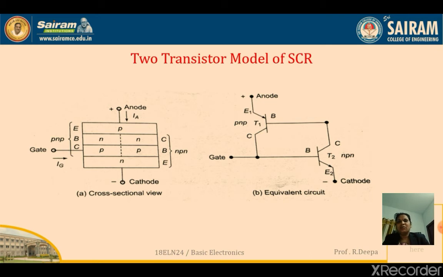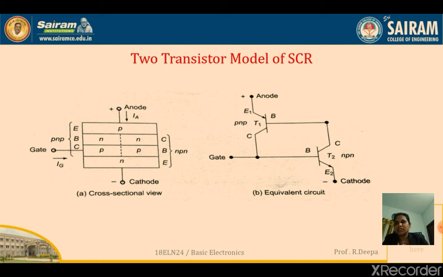Two transistor model of SCR. The same SCR can be imagined as consisting of two transistors connected back to back. That is, the 4-layer PNPN can be considered as follows: the first PNP forms a PNP transistor, where the first P acts as the emitter, the N layer is the base, and the next P is the collector.